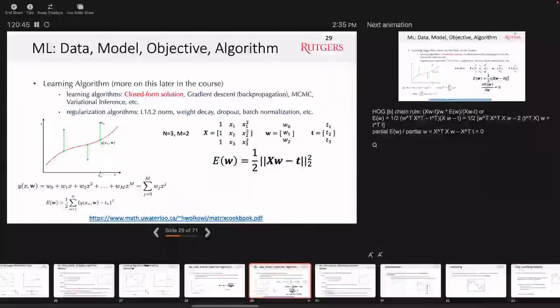Let's do it. So let's say that we have a matrix X. This matrix X contains our input data and different orders of our input data. So this X is, let's say this is 1, x1, x1 squared.